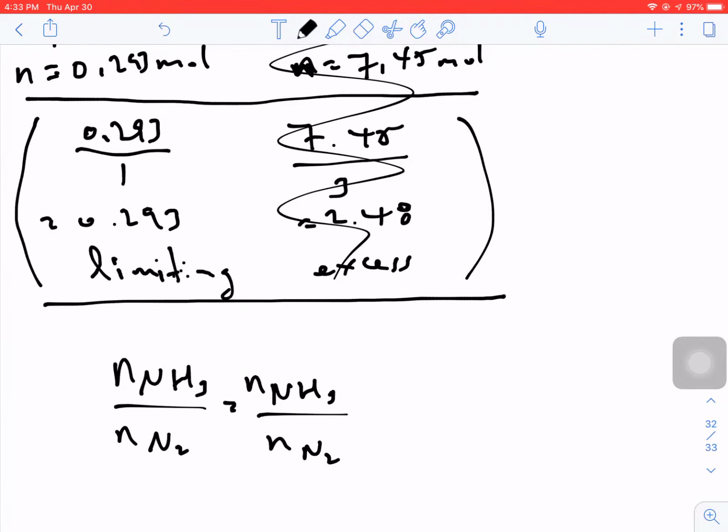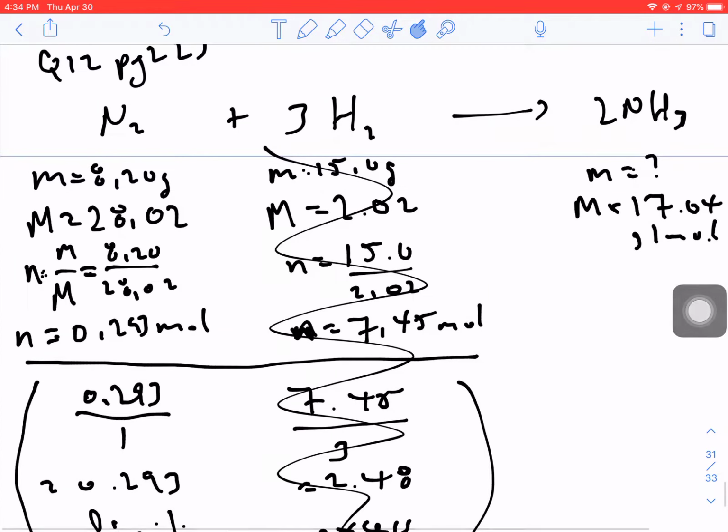So I'm going to scroll this up a little bit higher, and I know that my number of moles of ammonia is my unknown. My number of moles of nitrogen gas is 0.293 moles.